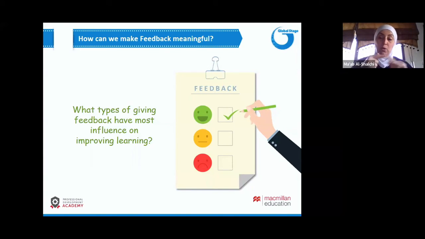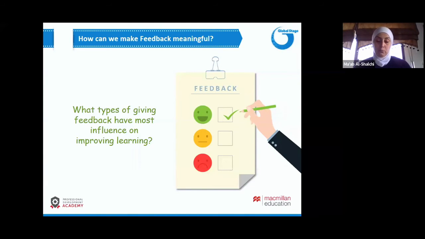This is why you're giving us the feedback, because you had just tested us on something that we have learned. Consistent, ongoing, and actionable, which means that it's informative and specific.